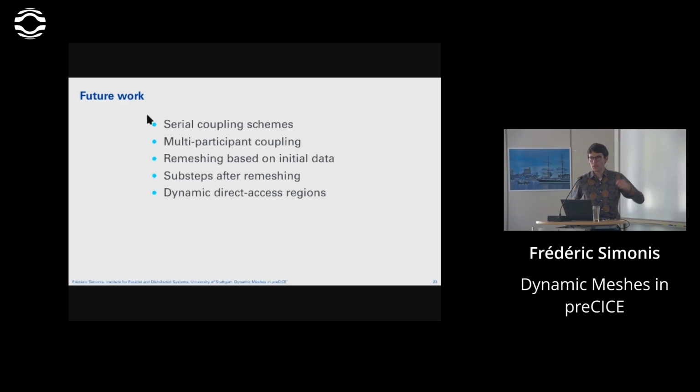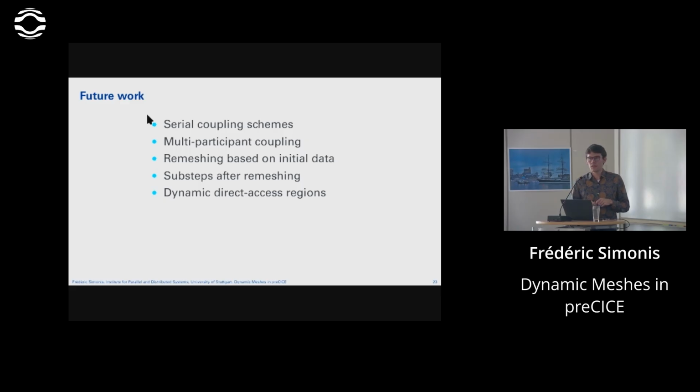This is very simple to translate to this scheme, and will probably be the next thing that will be supported. There's also the option to combine multiple coupling schemes and use these on different participants at the same time. And this is something that will most likely be very far in the future to get running properly.